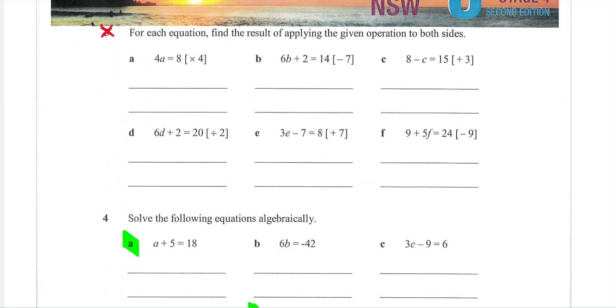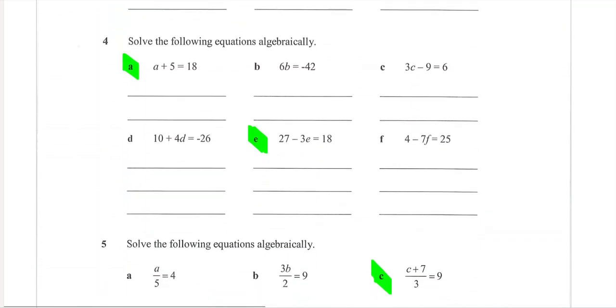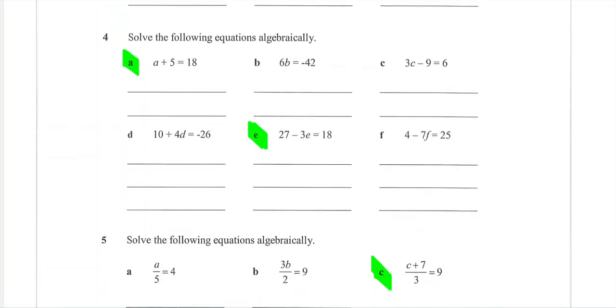Question 4, solving equations. So this is where you do the opposite. We did lots and lots of these. So when you look at the A in that equation, A plus 5 equals 18, the A is with one other number, the 5. You have to do the opposite to get the A by itself. And remember that add and subtract are opposites of each other, and times and divide are opposites of each other.